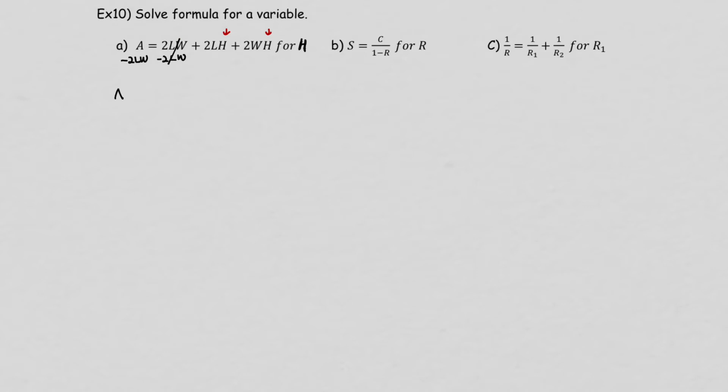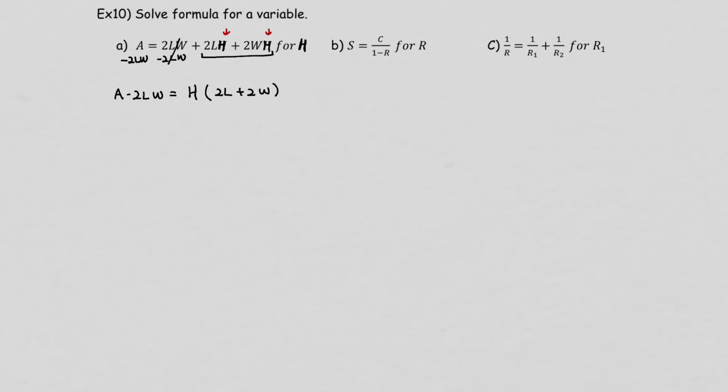So I get A minus 2lw equals, this remains, right? From that, I can factor h out, right?